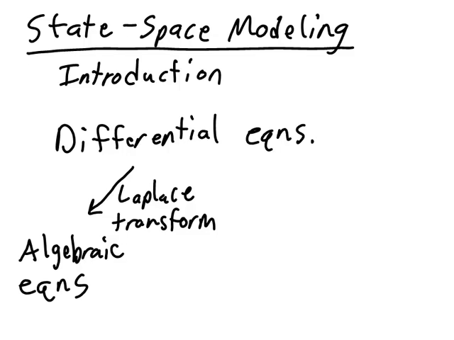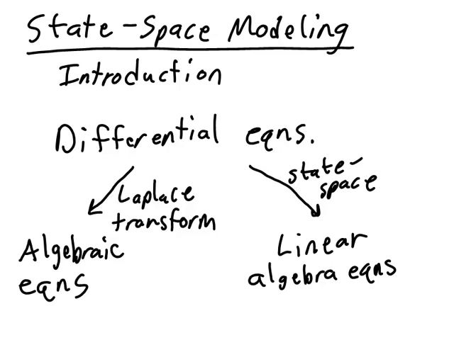This allowed us to more easily model systems that were more complex. However, we've also seen that as systems become more complex yet, even taking the Laplace transform and modeling the system that way can also become complicated and messy. So we have another way to simplify the modeling process, and that is through state space modeling.